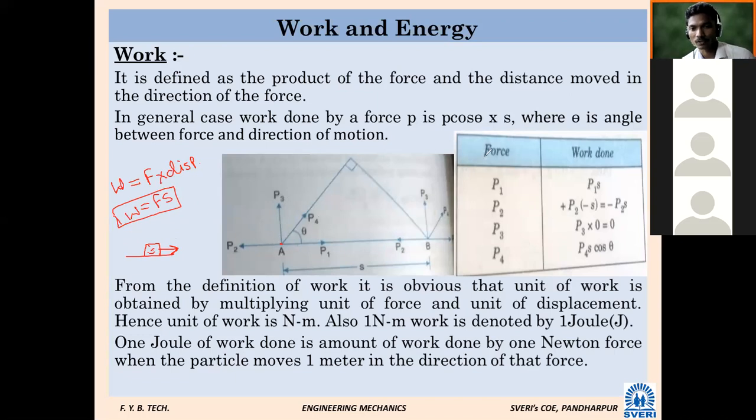So if you see the force here and its work done, as per the definition we have seen, force into distance moved in the direction of the force.